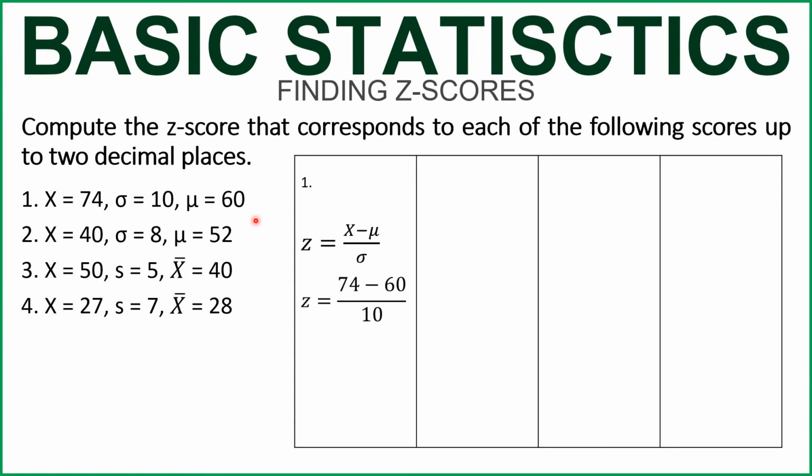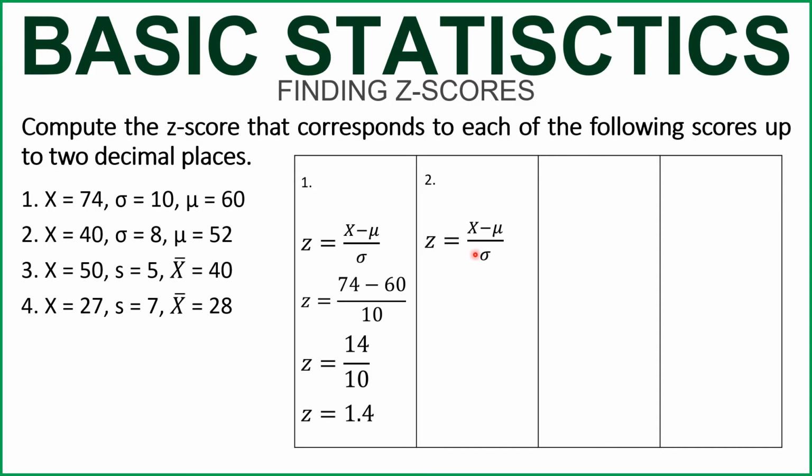So, that is 74 minus 60 all over 10. And then, let's compute for the numerator. 74 minus 60 is 14 all over, rewrite the denominator, all over 10. So, 14 divided by 10 is 1.4 or 1.40.